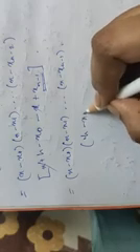Now putting the value of xn minus 1 again here, this will be cancelled out, and we get h minus x0 plus x0 plus (n minus 1)h.